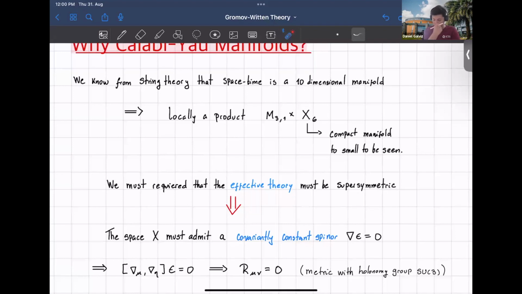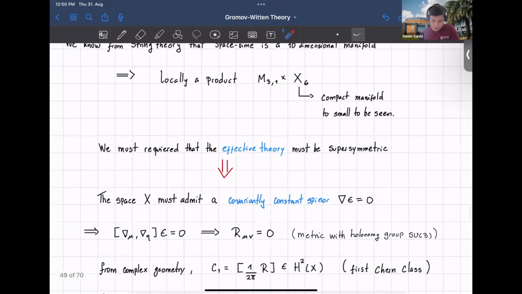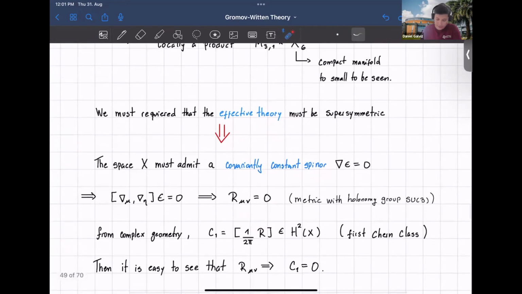Okay, but this is from the point of view of the metric; what is equivalent? From complex geometry, you have the first Chern class, the class of a complex vector bundle. The first Chern class is related to the cohomology of degree 2 of our ambient space X, and this is given by the Ricci form. But if our Ricci tensor is 0, then of course the first Chern class is going to be 0.